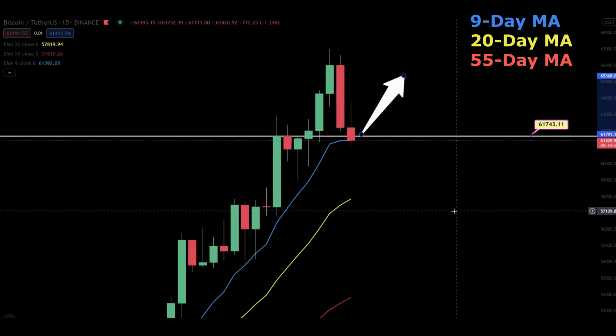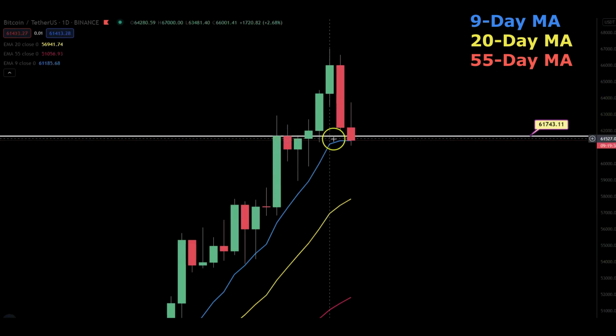But that's not what is going on today as we speak. Unfortunately, it is breaking down below the previous resistance, and the next line in the sand is our 9-day moving average.